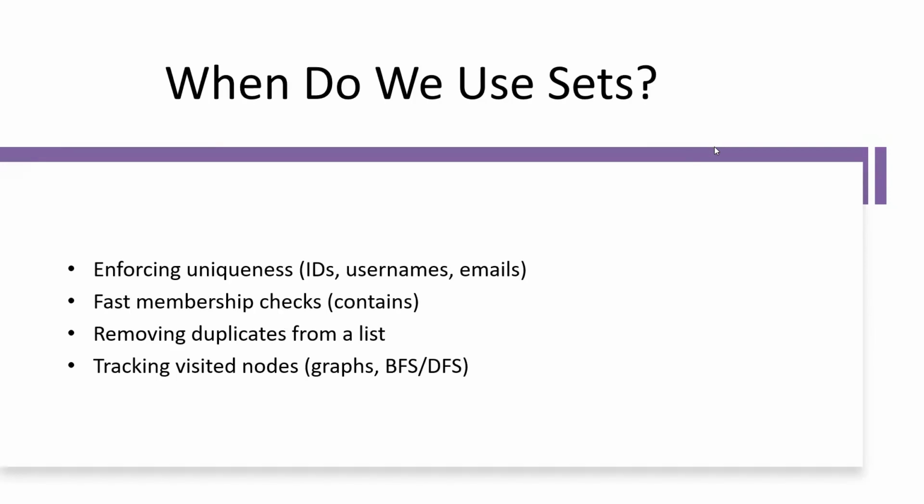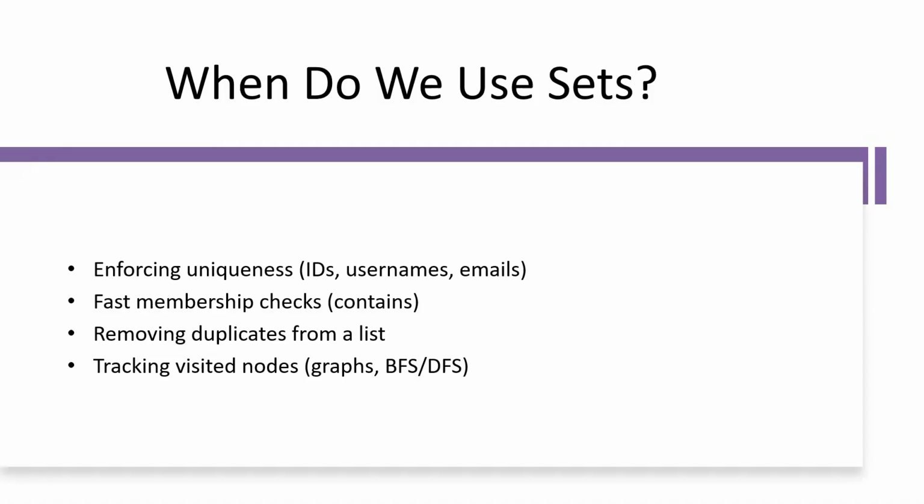So when do we use sets? Enforcing uniqueness. If there's a requirement that there can only be one unique element, this is when you use a set. Fast membership checks by using the contains method. Removing duplicates from a list. Let's say you just want to get all the unique elements of a list.